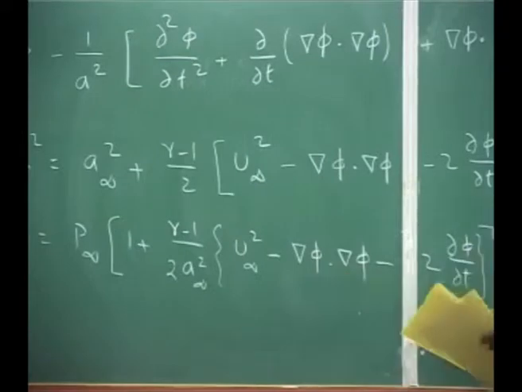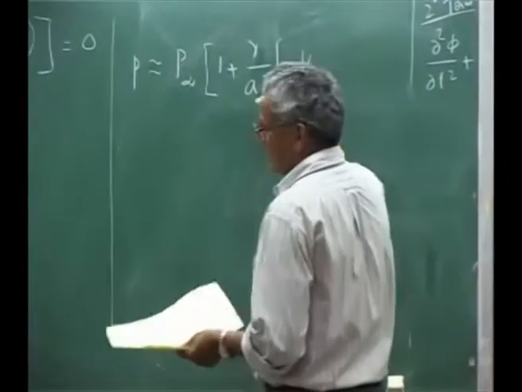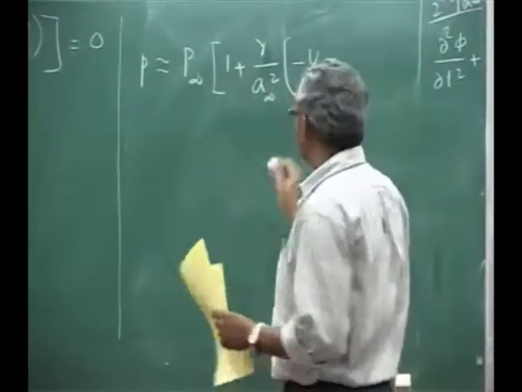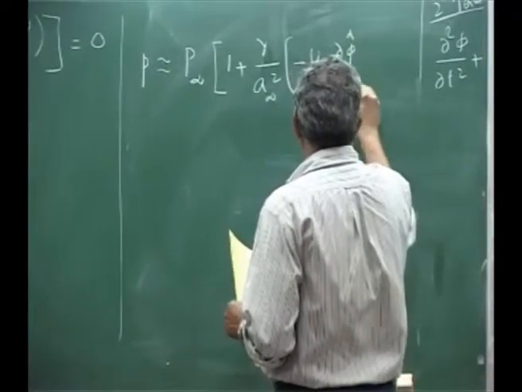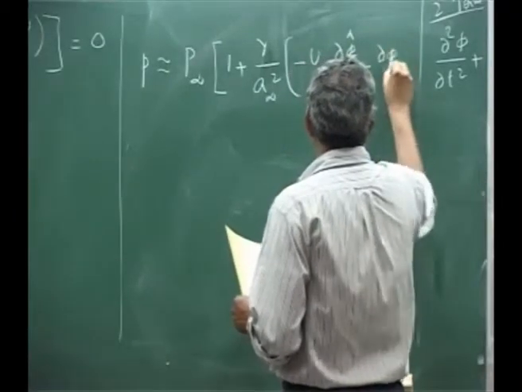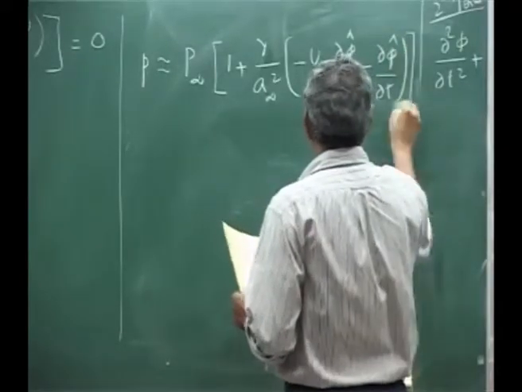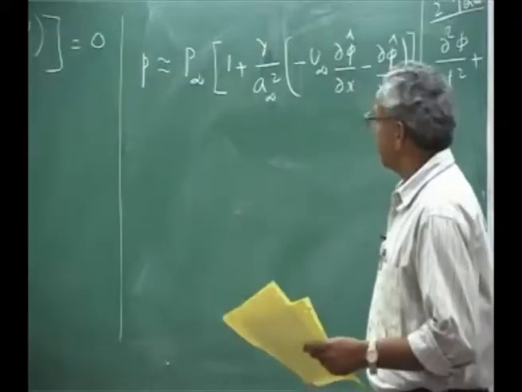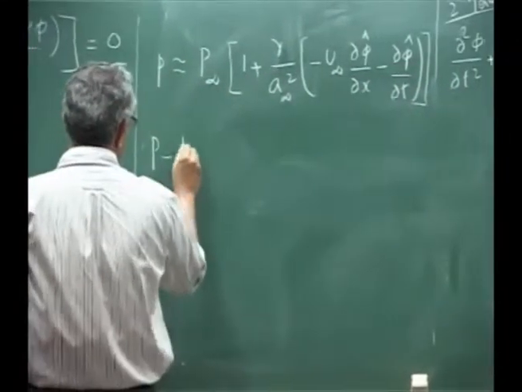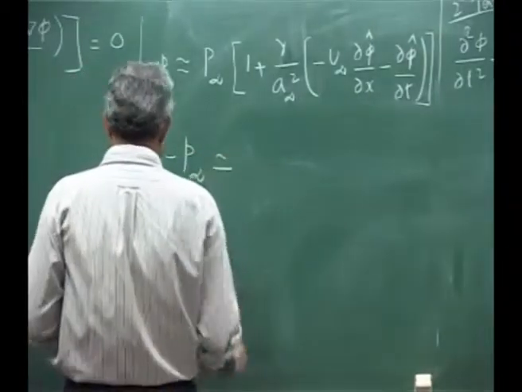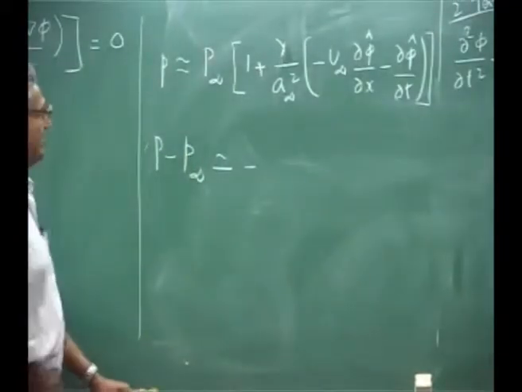You will get basically minus u infinity into lowercase u, which is delta p hat over delta x minus delta P hat over delta T. And this I can write as P minus P infinity.